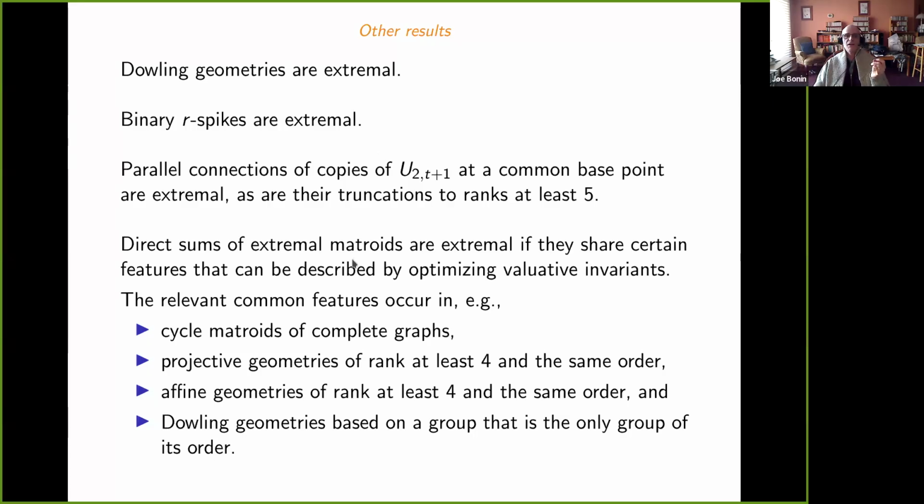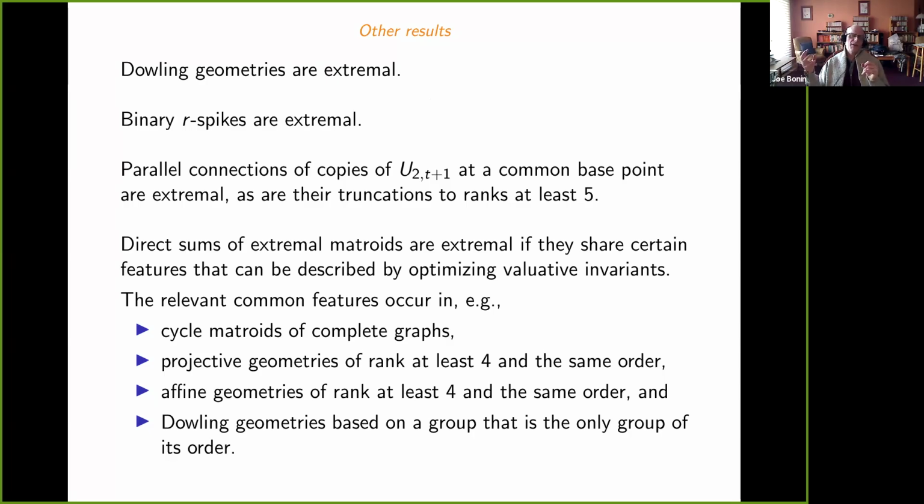But you can use the techniques here to show that, in fact, they're extremal. They all have the same G invariant. Joseph Kung and I showed that years ago. But yeah, they actually determine a vertex. So you can pick them out. There's actually a counterpart of this for certain bicircular matroids that I didn't think of in time, but I'm going to have to put it in some future work. But it actually follows the same lines.